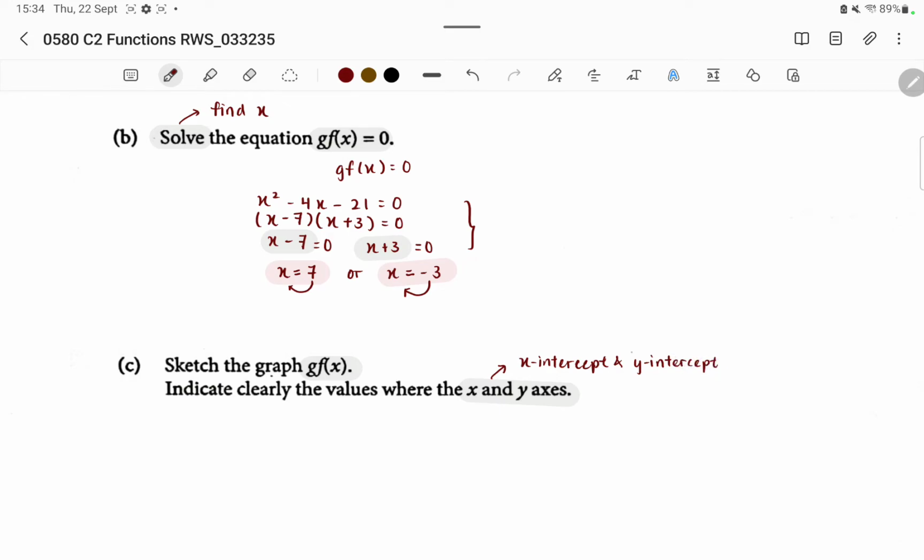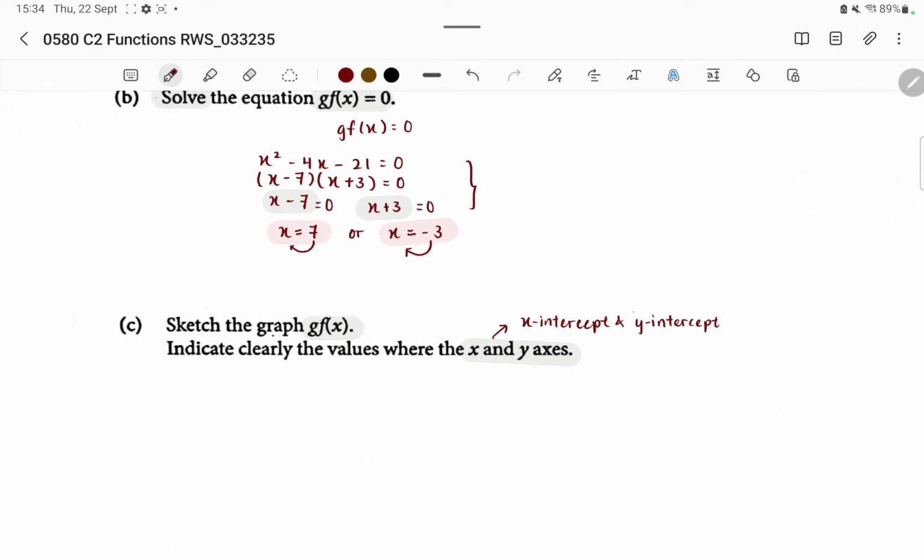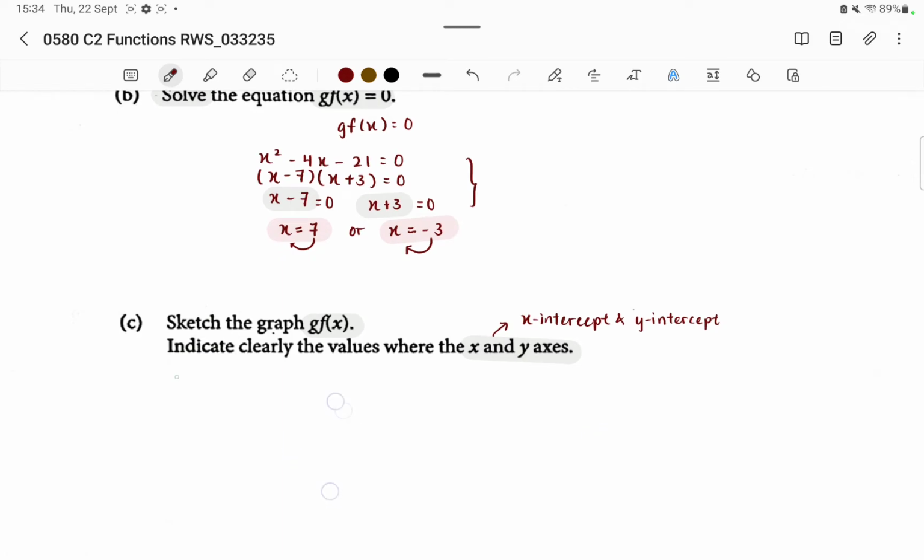We already know that the roots are 7 and negative 3. When g(x) equals 0, x equals negative 3 or 7.